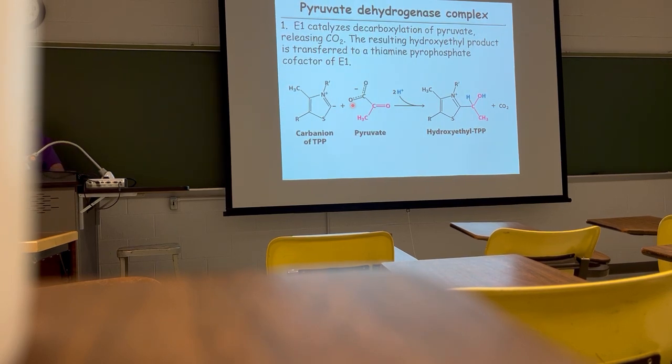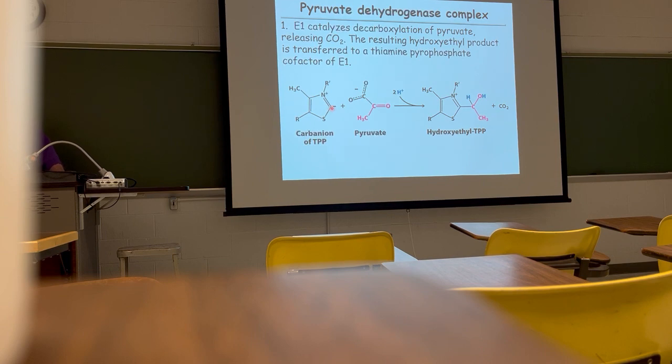Okay, so we're going to go through the reactions of the pyruvate dehydrogenase complex. Here's the first reaction. So here's that ring in thiamine pyrophosphate that I showed you a minute ago. And this carbon here is where the chemistry is going to occur.